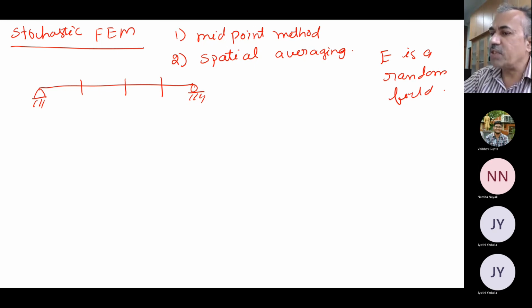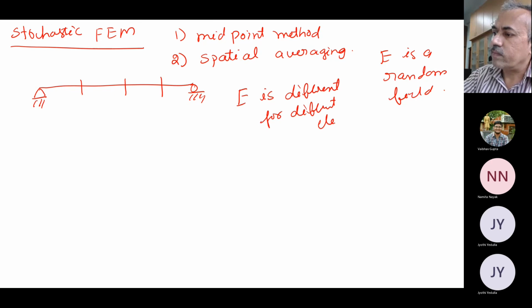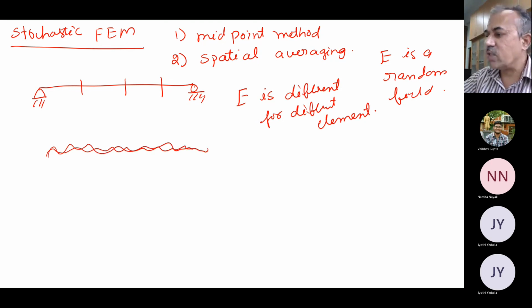Now the Young's modulus in these 4 elements will be different for different elements. It is varying randomly, and it has some type of pattern with respect to this one.